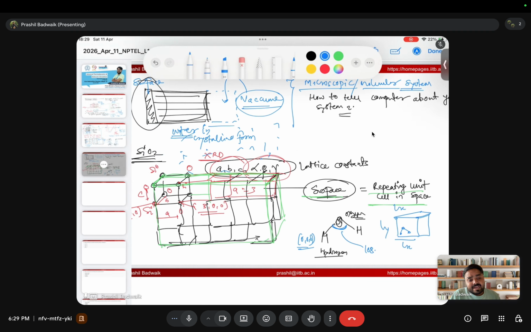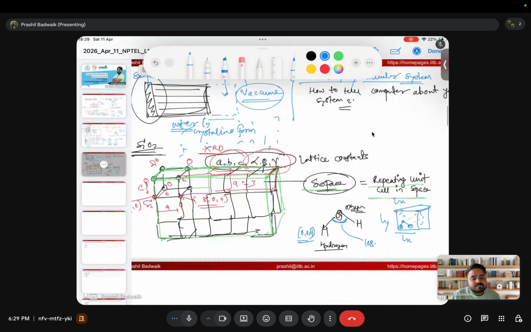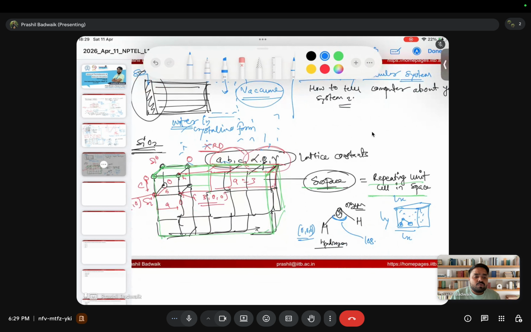Again, based on the bond angle, I know what the coordinates of another hydrogen atom should be. Similarly, I'll generate the positions of these atoms randomly, right? The only care that I need to take is that these atoms should not overlap. Correct? These atoms should not overlap.